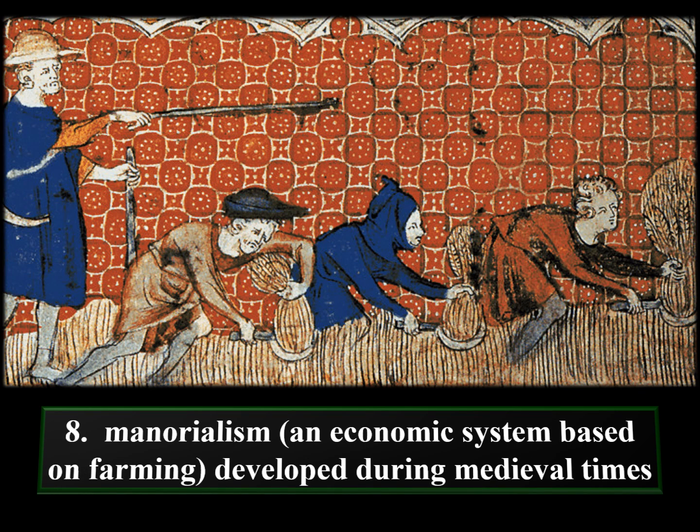Manorialism is the economic system that is based on farming that is connected to feudalism. This is the economic system that developed during the medieval times. So, the economy of all of Western Europe was tied to farming.